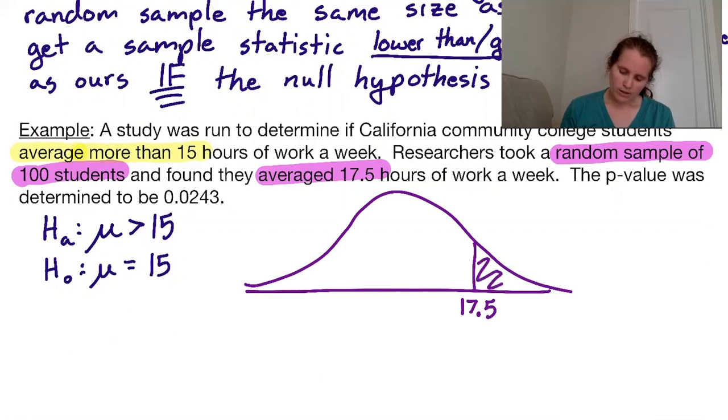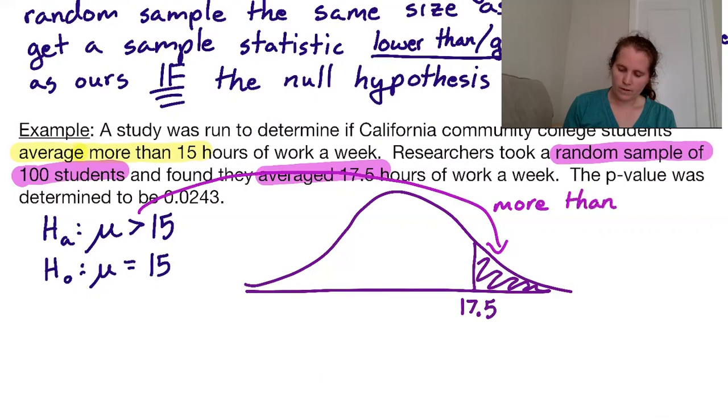So we should shade to the right since our alternative hypothesis was a more than. So we shade right.